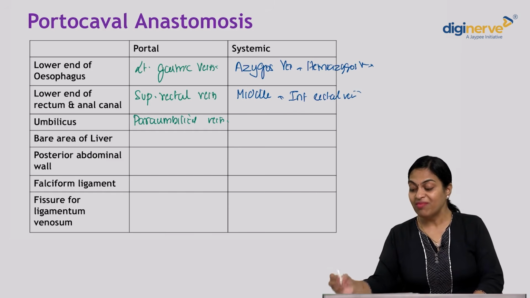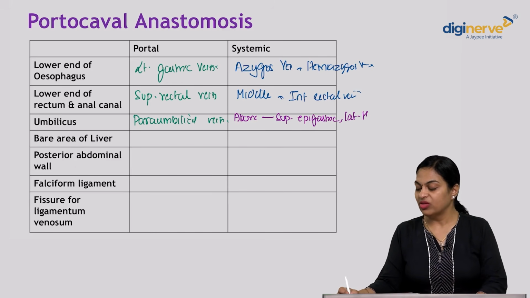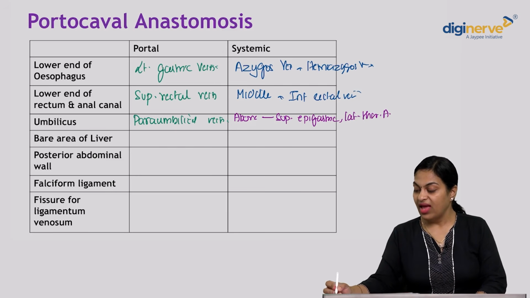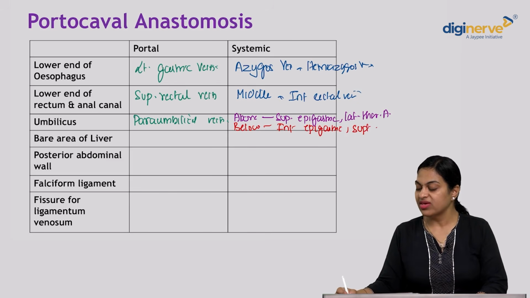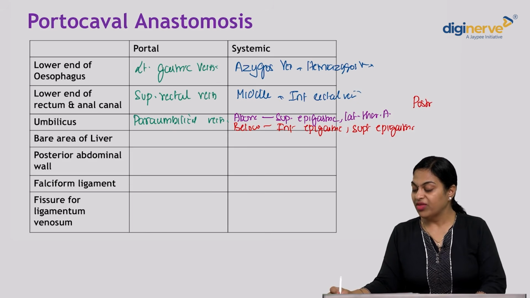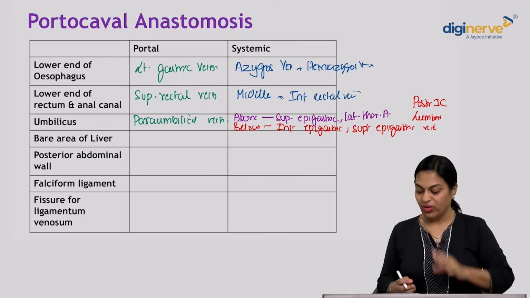Okay, and the systemic tributaries from above the umbilicus will be the superior epigastric vein, lateral thoracic vein, and from below will be the inferior epigastric vein, superficial epigastric vein, and from the sides we have the posterior intercostal veins and the lumbar veins. Okay, I'll be doing this again, no worries.